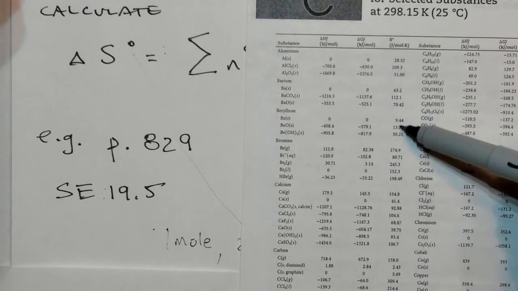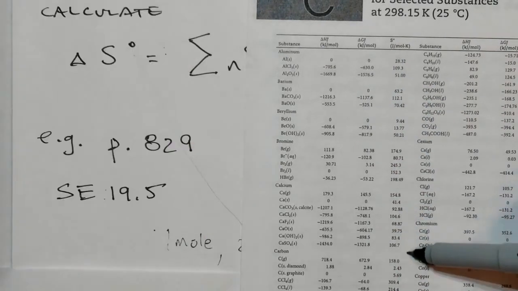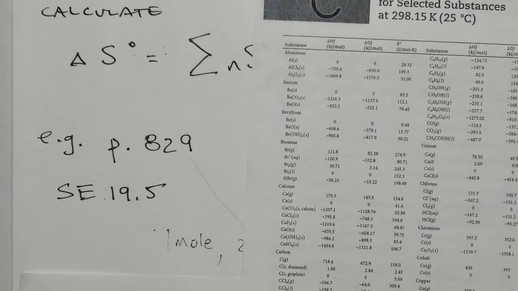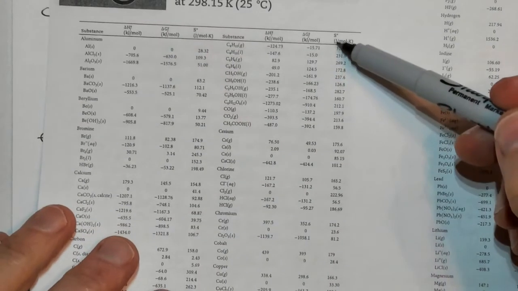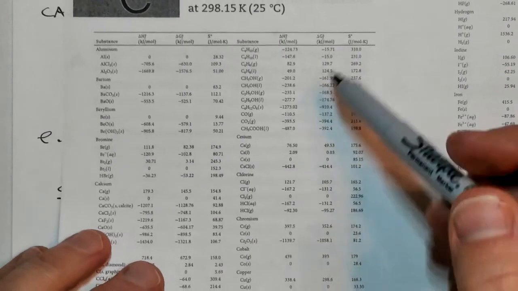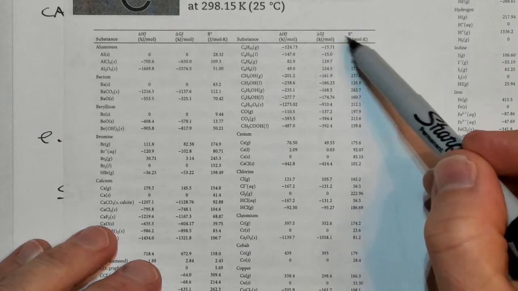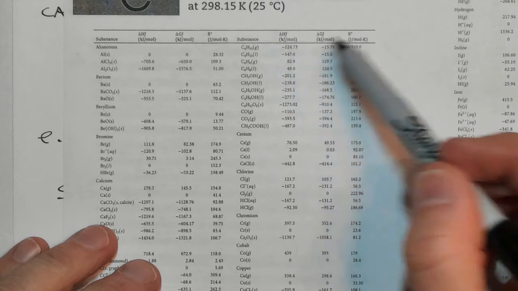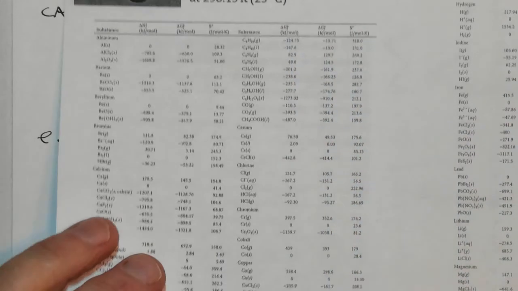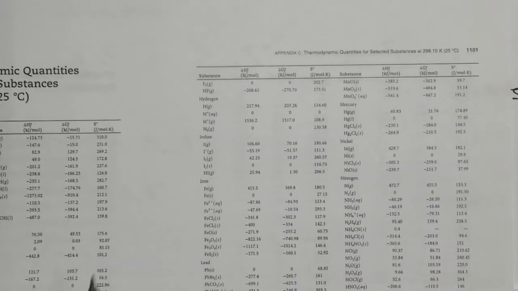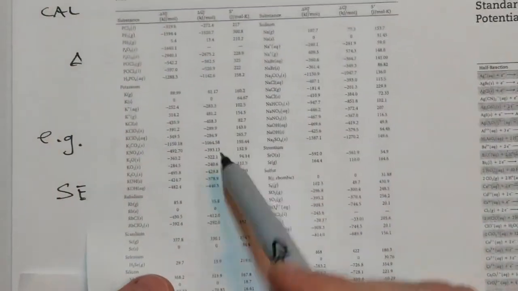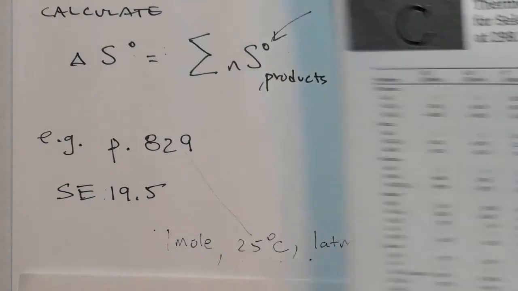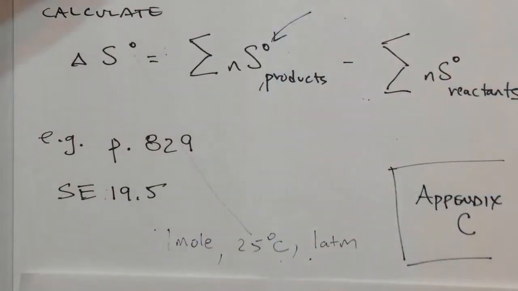You'll notice this column gives you entropies for many different substances. When you slide over, you can get more of them. And notice the units. This is in joules per mole, and the enthalpy is in kilojoules per mole. This will come back to haunt us in a little while. There are several more pages of these entropies in Appendix C of your textbook.